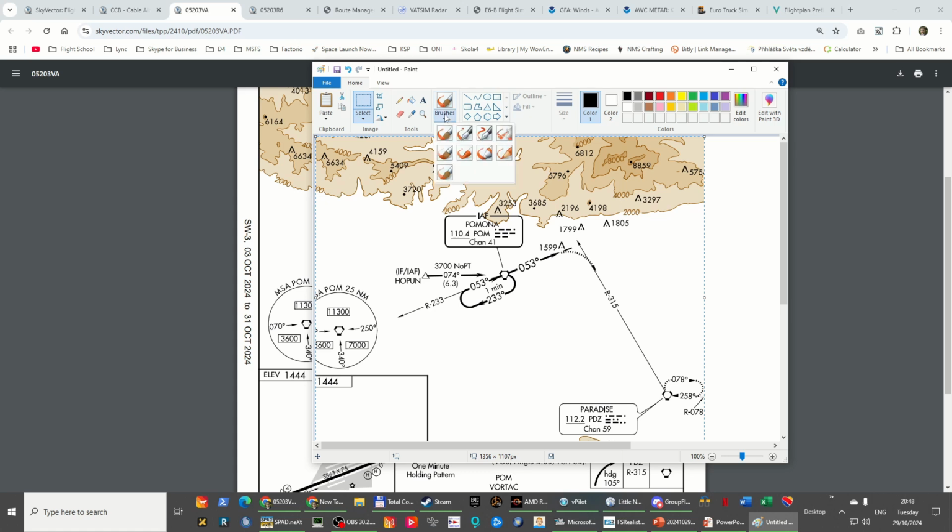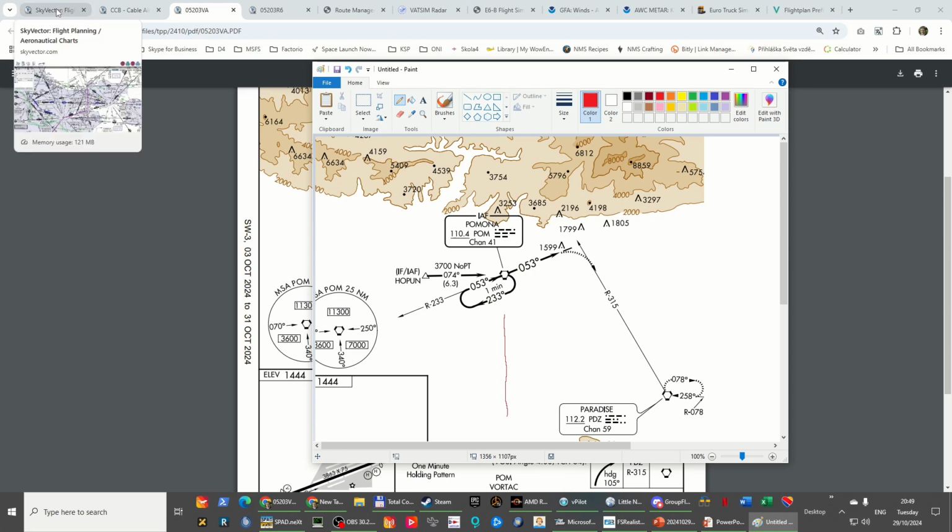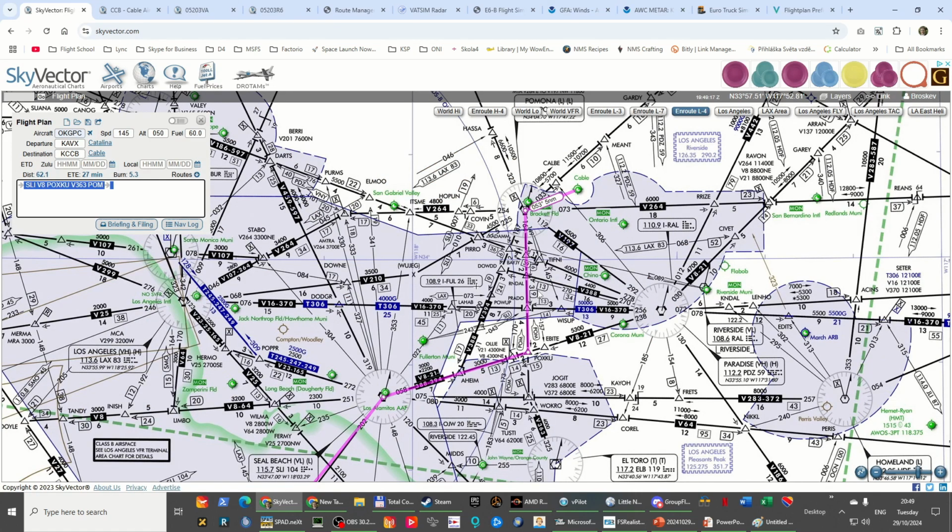And to be honest, I don't know off the top of my head what it would be, but let's say that this is one. Imagine that if I draw the line here, this is not 180, right? Because we have something called magnetic deviation, sorry, magnetic variation.